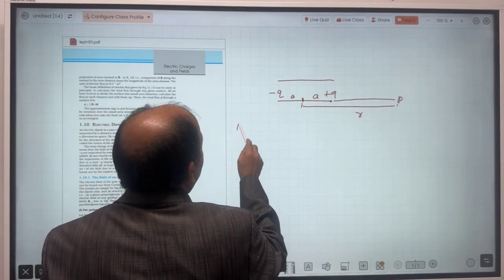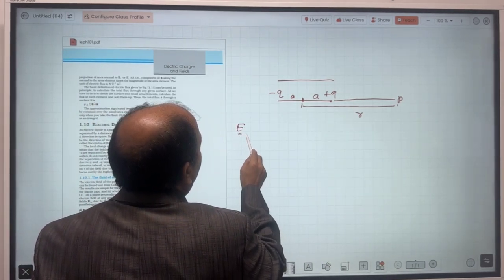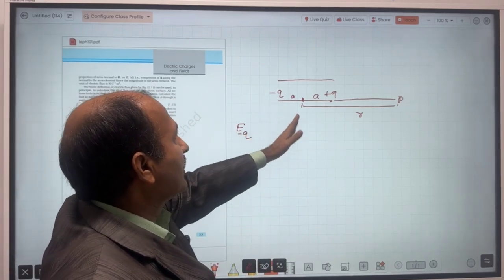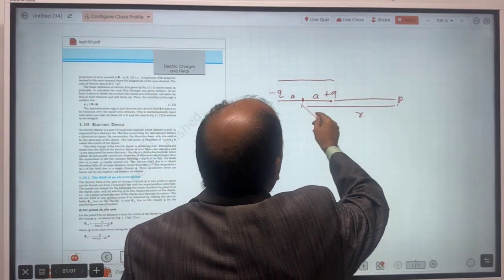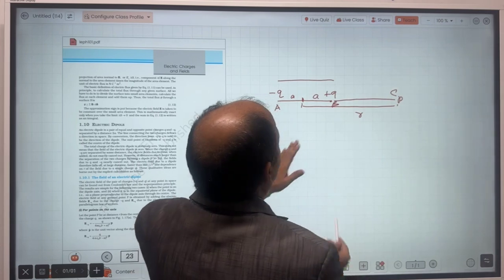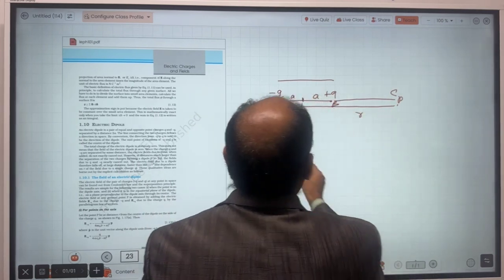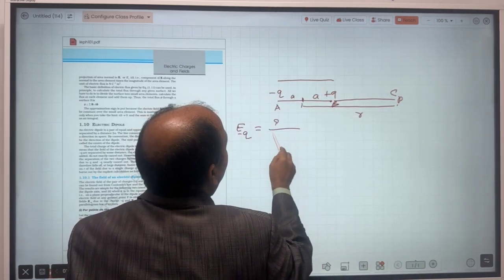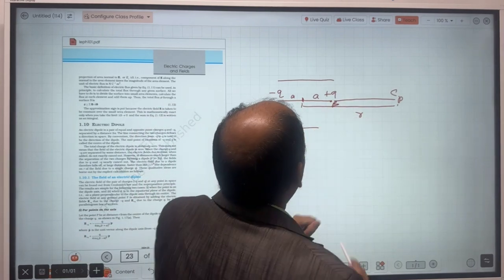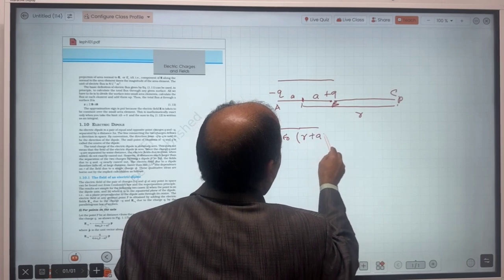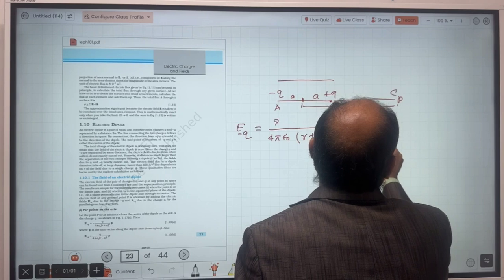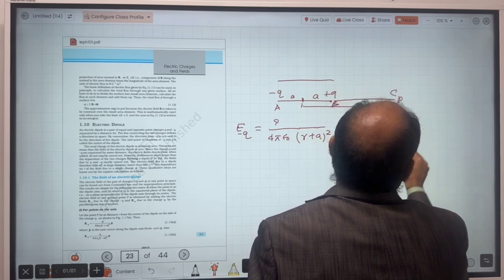For this, let's denote it as E minus Q. It means the electric field due to charge minus Q, and its direction will be, suppose this point is A, this is B, this is C, along PA. So it will be given by Q upon 4 pi epsilon naught times the distance. This is A, this is R, so it will be R plus A whole square, and the direction is along PA.